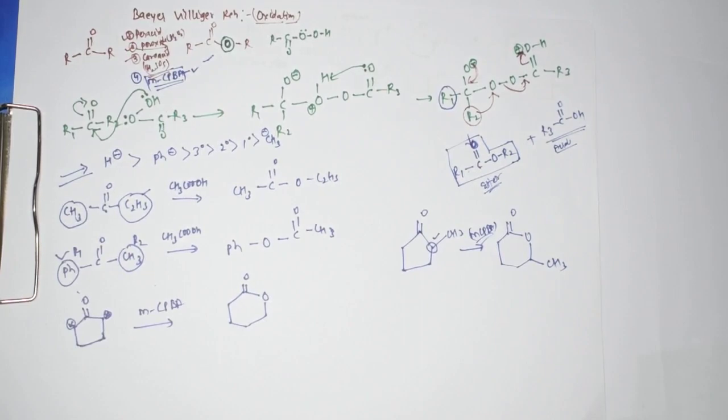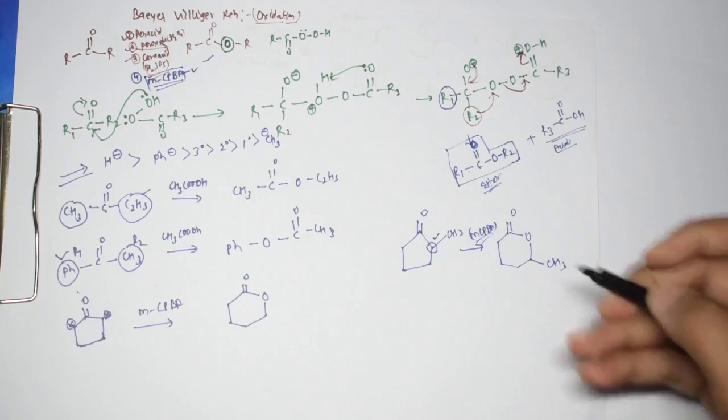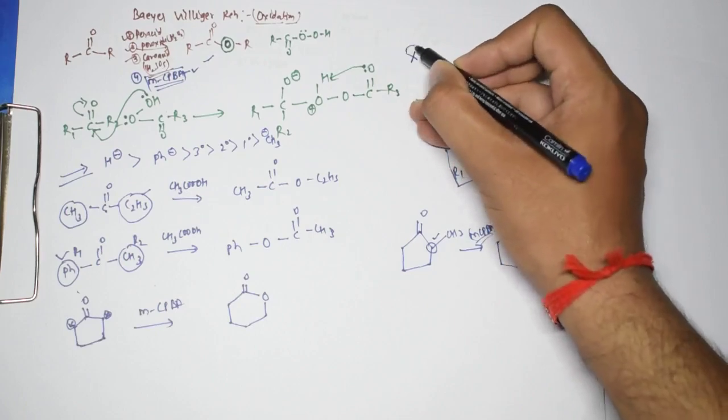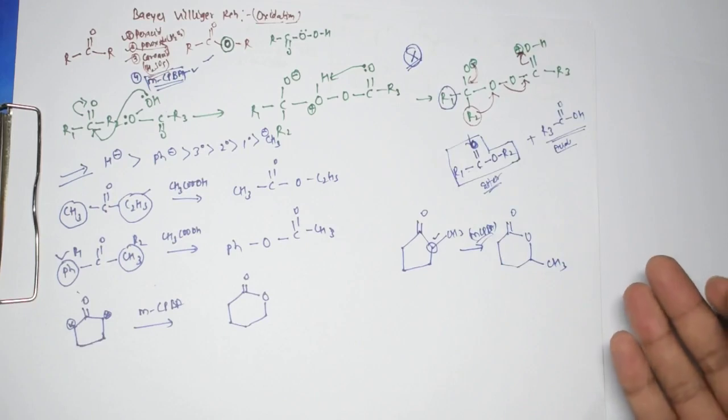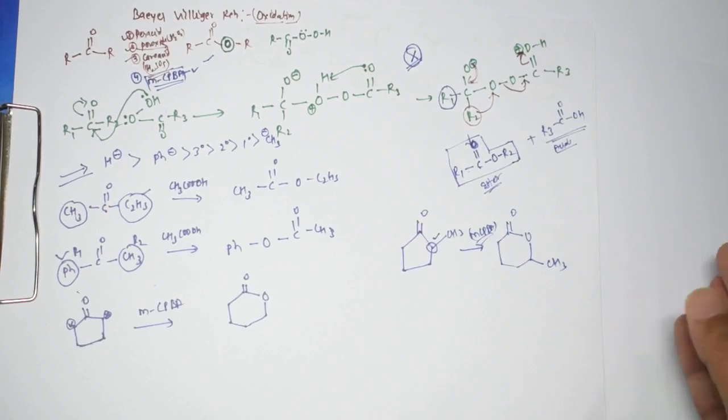However, there is one very famous example. In that example, the opposite of this reaction takes place. The group of atoms which has less migratory aptitude is the one that migrates. But in this particular video we are not going to discuss that problem, and we will make a separate video for that, because that is only one example.